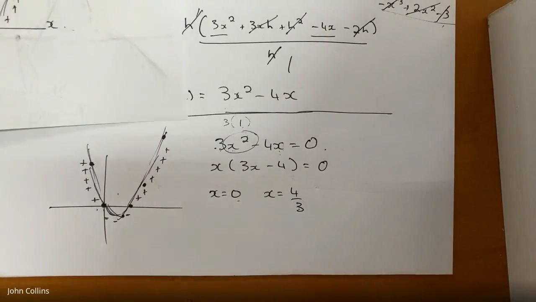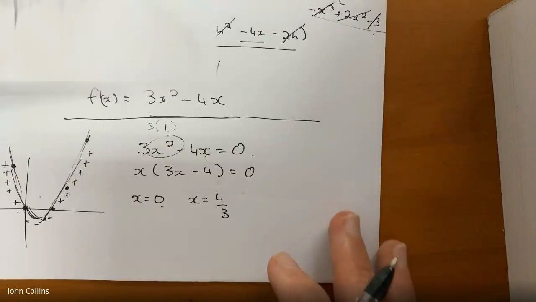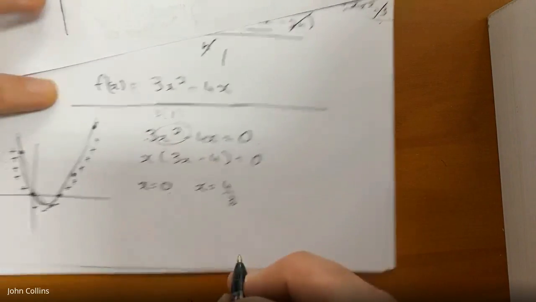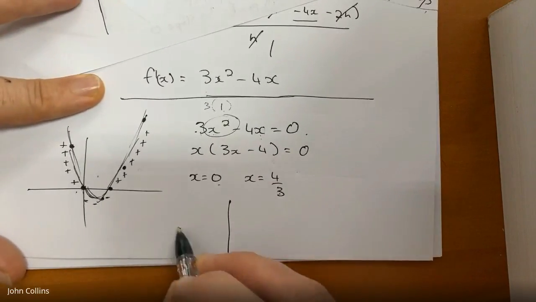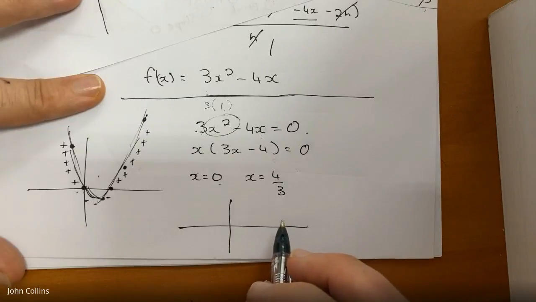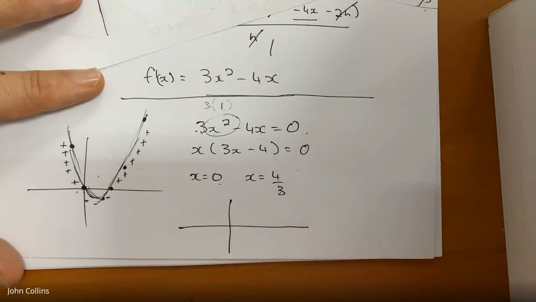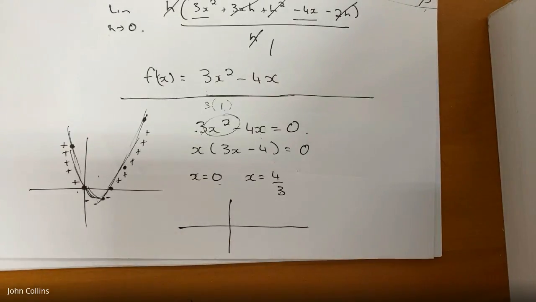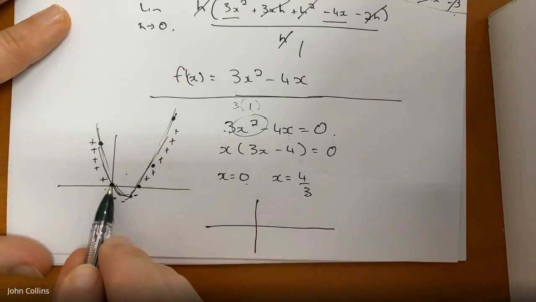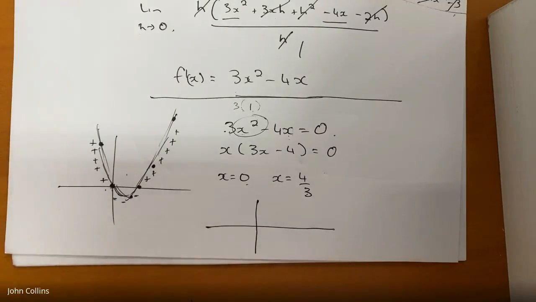That means I can draw now, not using integration, but I could draw a sketch of my cubic. Tell me about x equals 0. X equals 0 on this graph suggests that the slope at that point was 0.